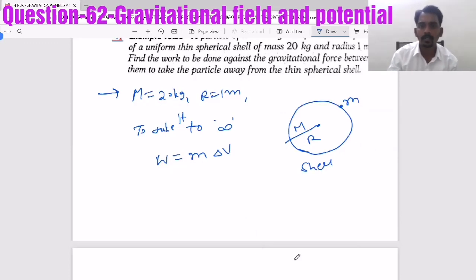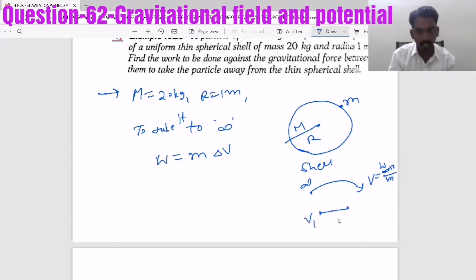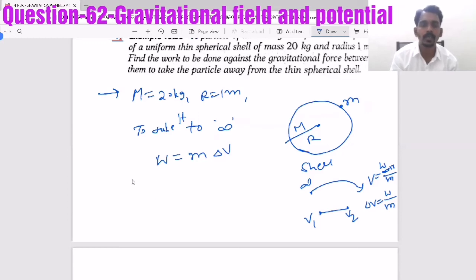Remember, here I would like to give some clarity. From infinity, if you move to a point, that is potential, work done per unit mass. When you move between 2 points, V1 and V2, then potential difference equals work done per unit mass. But when you consider one point as infinity, then that potential will become 0.